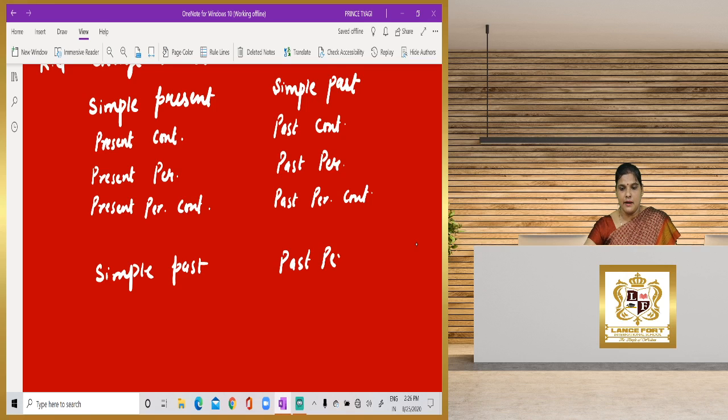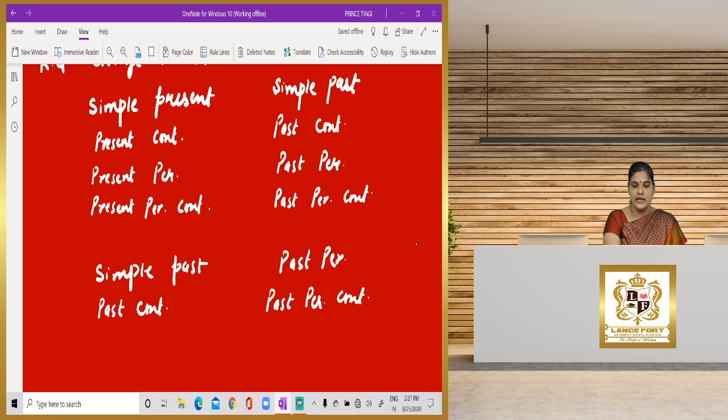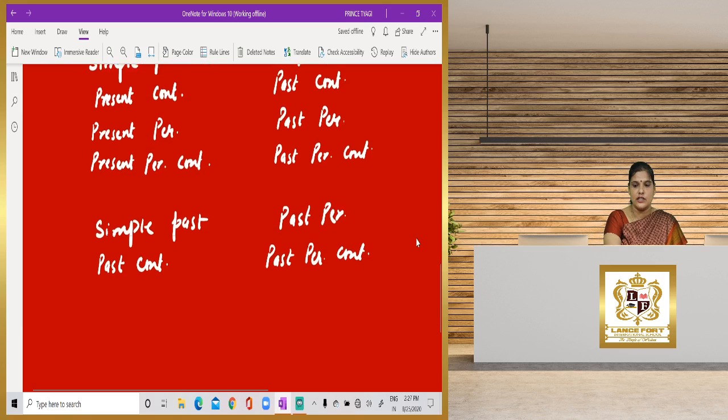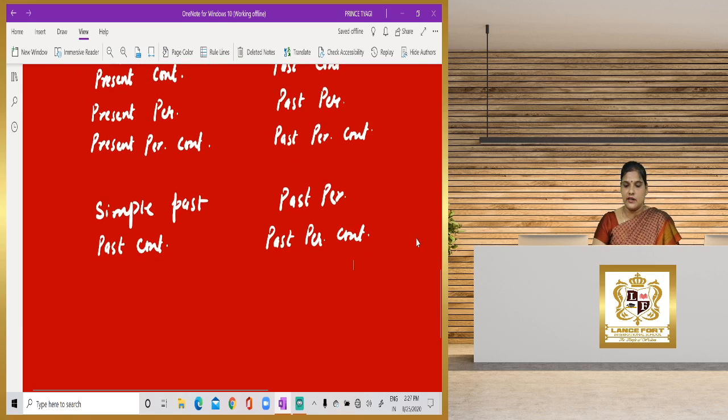Simple past tense changes into past perfect, and past continuous changes into past perfect continuous. Now two tenses are remaining: past perfect and past perfect continuous.